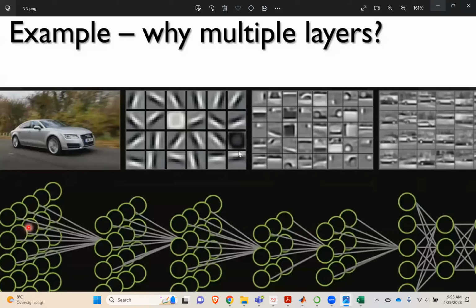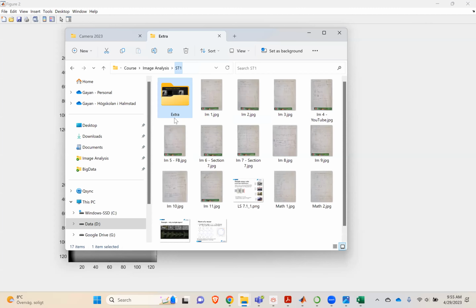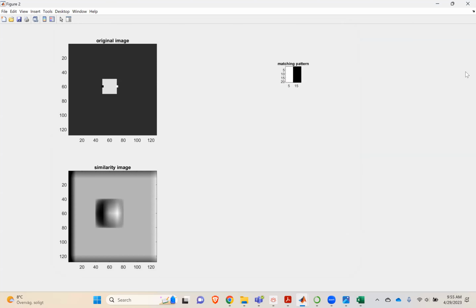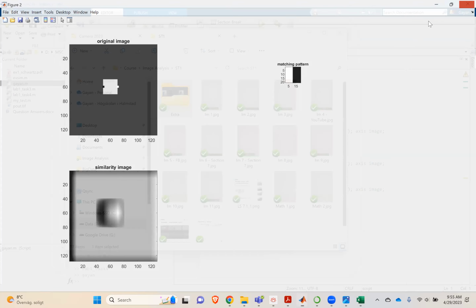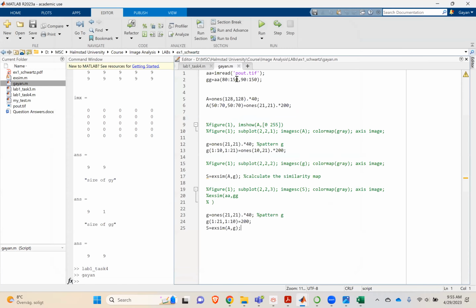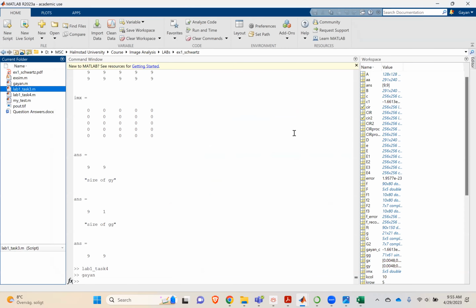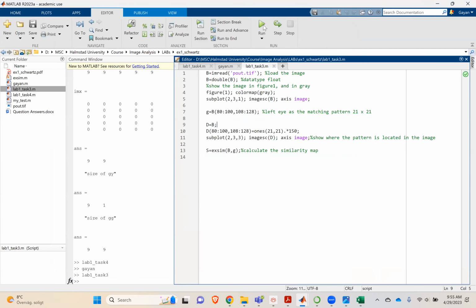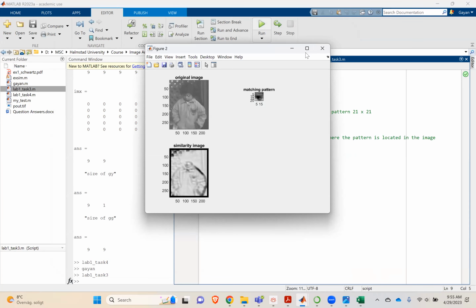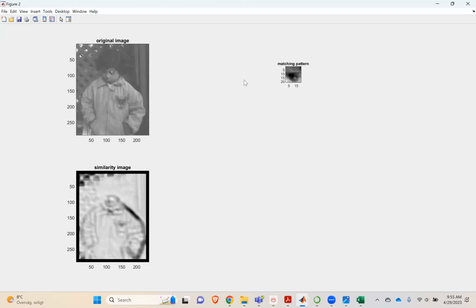So now we'll move forward. On the first lab, this part we understood, right? Let's see the second part. This is the same thing. We use the eye and find where the eye is. You can see the white dot.